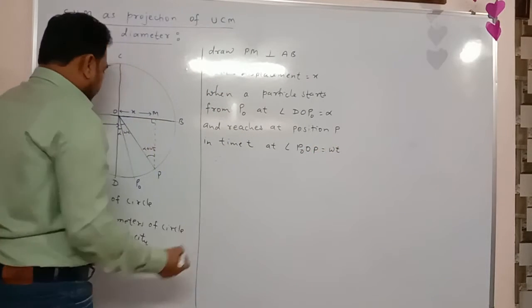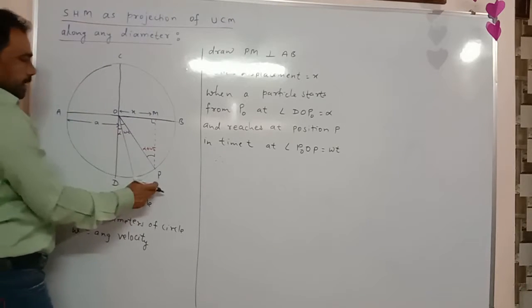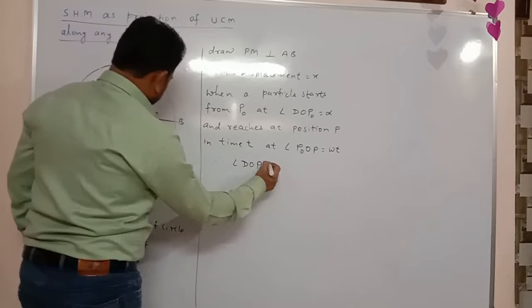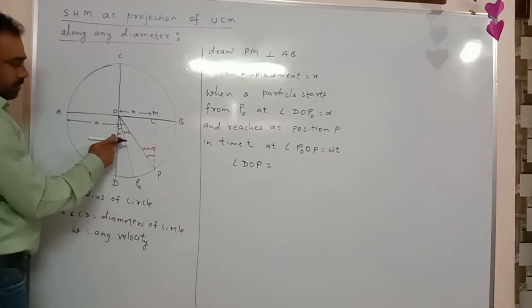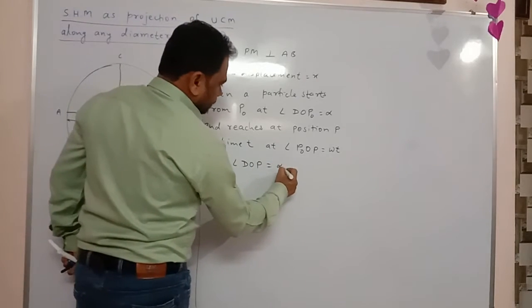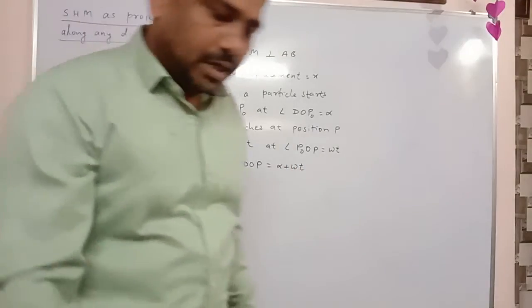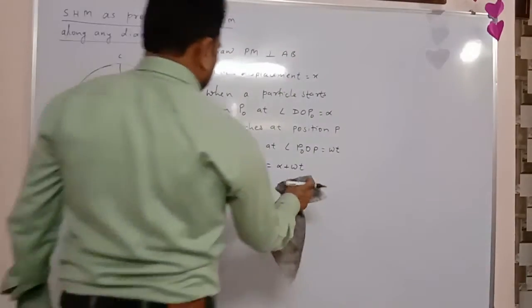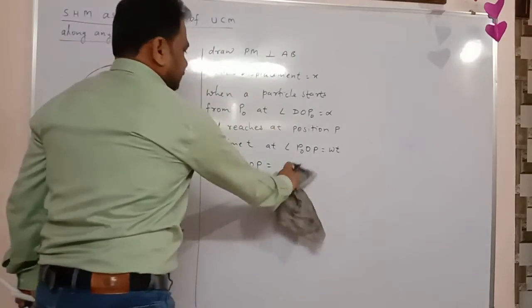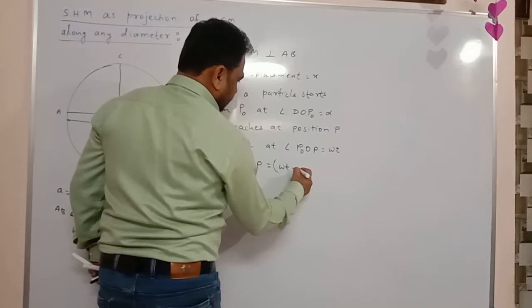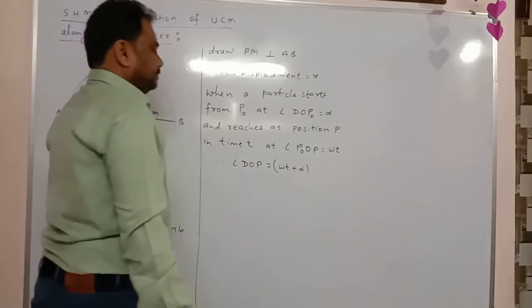Therefore the angle DOP is the addition of alpha and omega t, so omega t plus alpha.